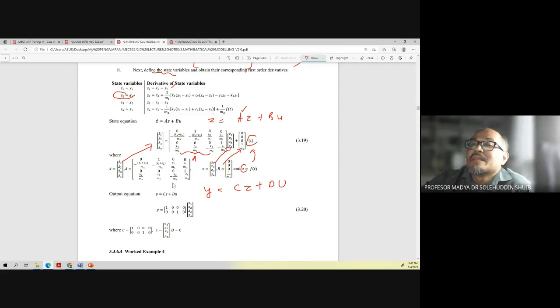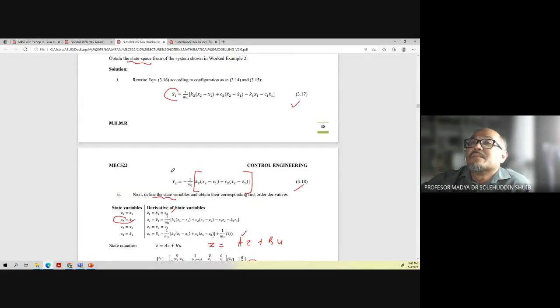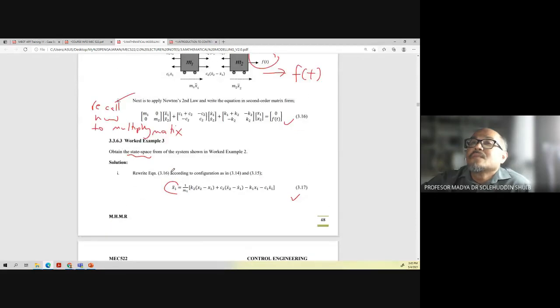Again, this is C, and this is z, and for this case the value of D equals 0. This is example 3, how we can write or obtain the state space of the system.